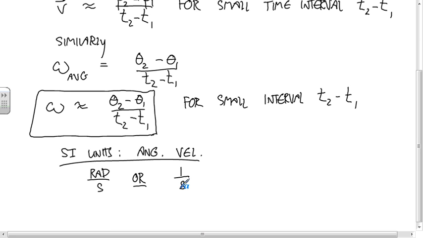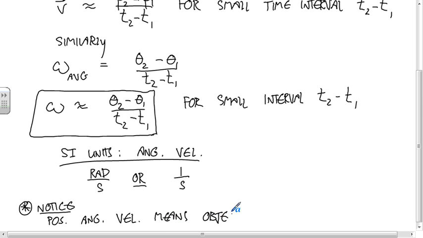And it's the same with angular acceleration too. So notice a positive angular velocity means that the object is rotating counterclockwise.